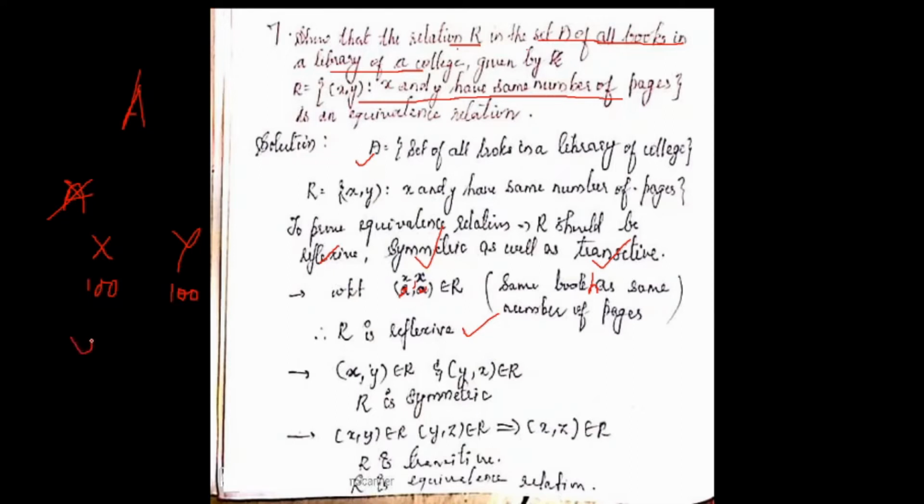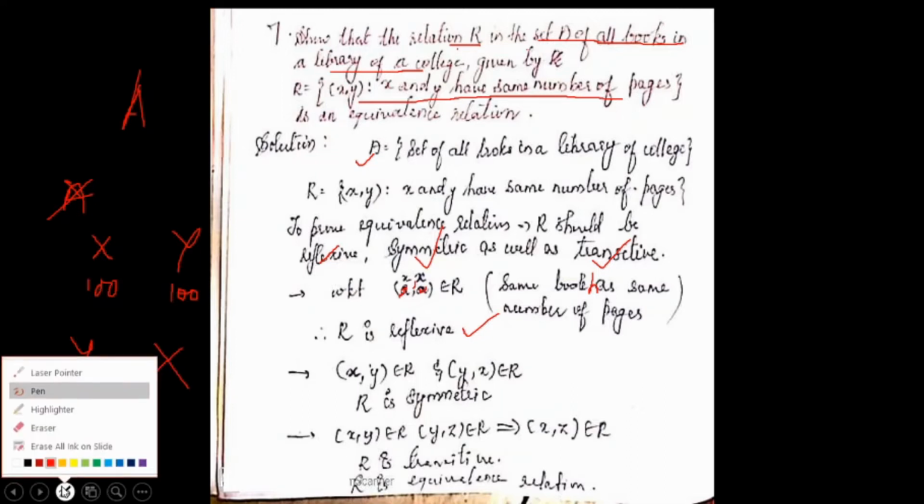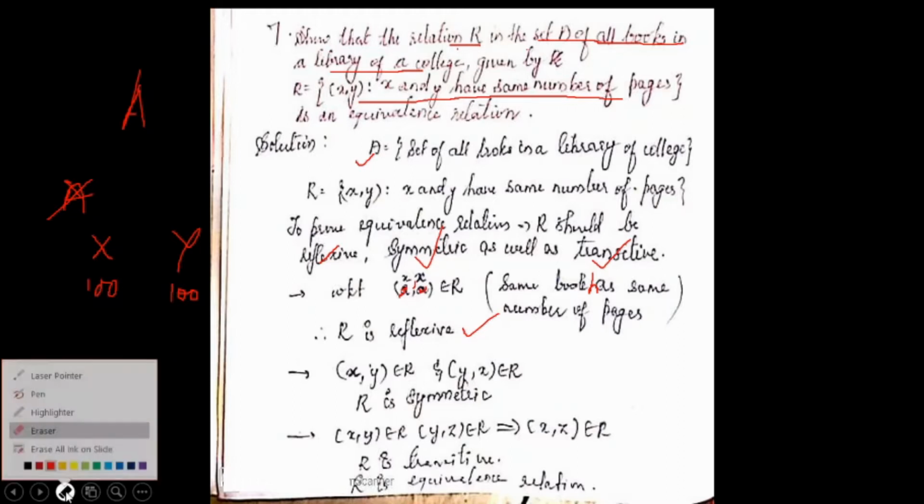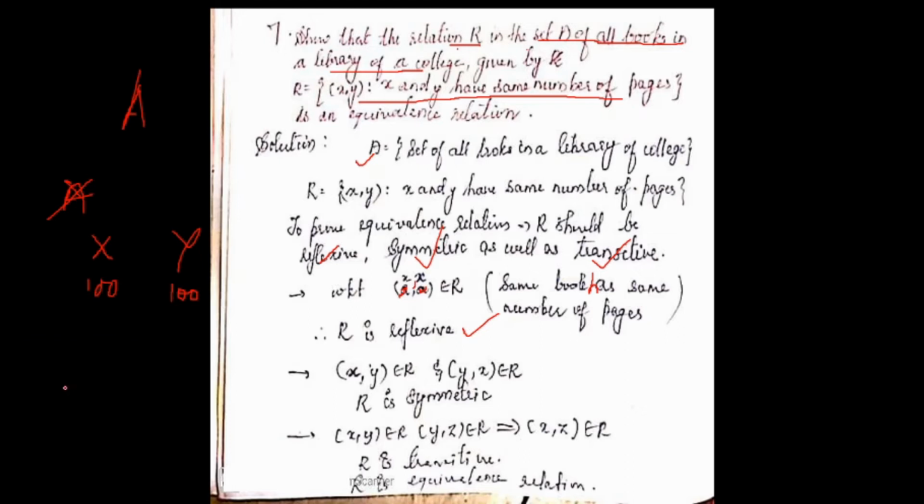So book Y and X, will it change? When you're relating Y with X, no, it won't change. It will be as it is. So when you consider X and Y and Y and X, the number of pages won't change. Got it? So obviously it is symmetric.